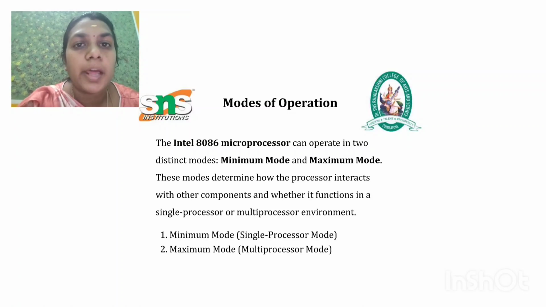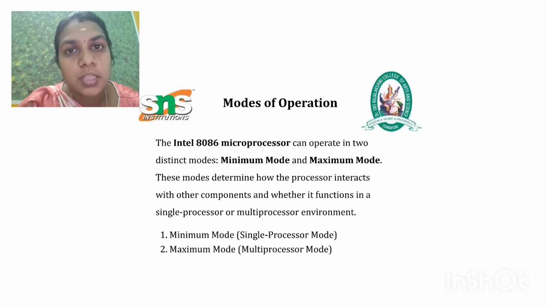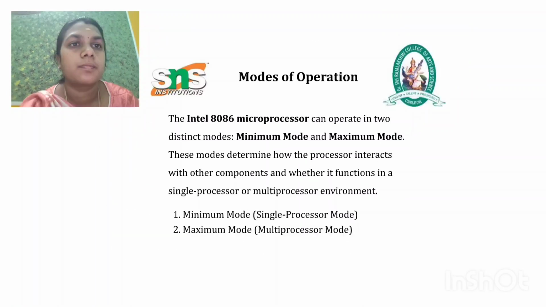These modes determine how the processor interacts with other components and whether it functions in a single processor or multiprocessor environment. The first one, minimum mode, is the single processor mode. The second one, maximum mode, is the multiprocessor mode.